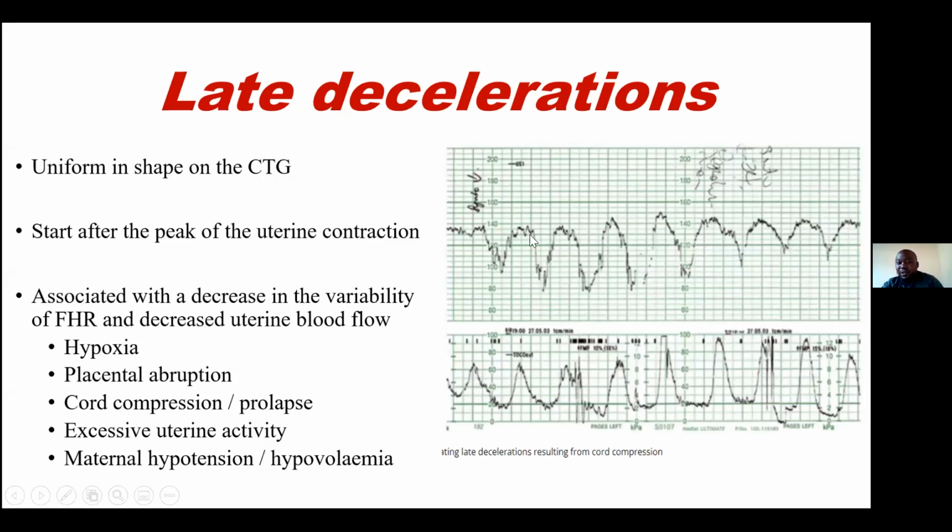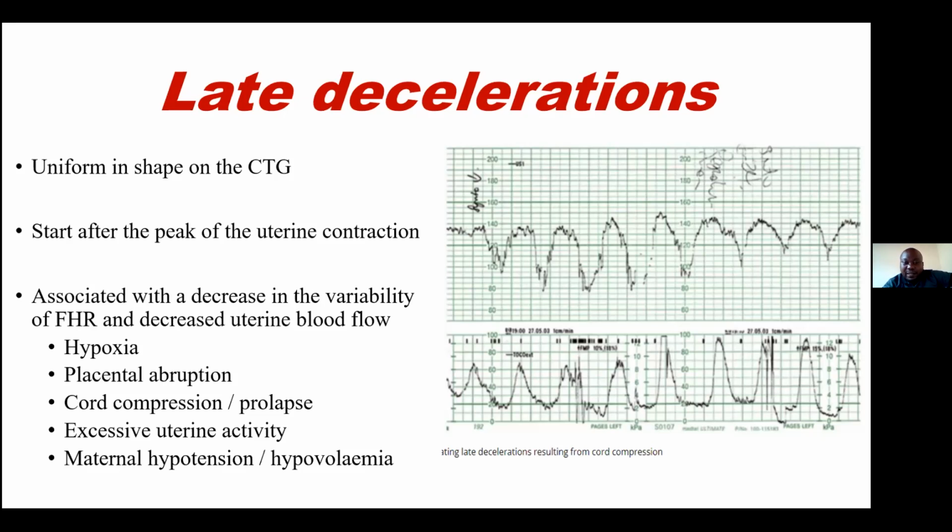Late deceleration, looking at it, is uniform in shape on the CTG. If you remember the normal CTG, we shouldn't see these things. In emergency medicine, we have what we call the wide QRS on ECG; what we have here is like that. They are not regular in shape. This comes after the peak of the uterine contraction. On the bottom, take the second contraction.